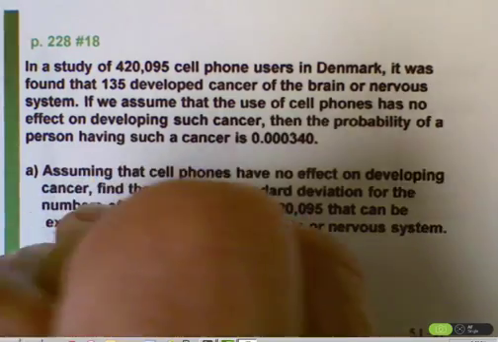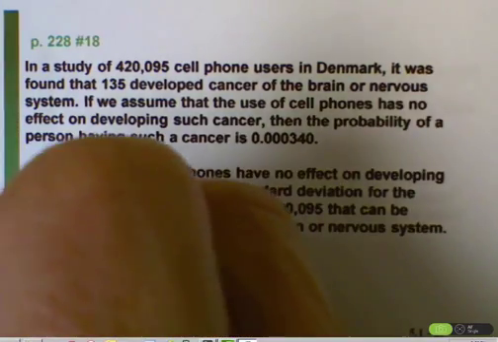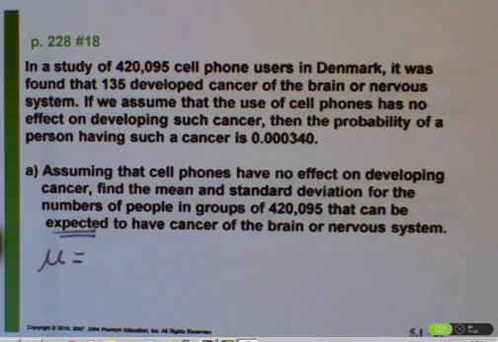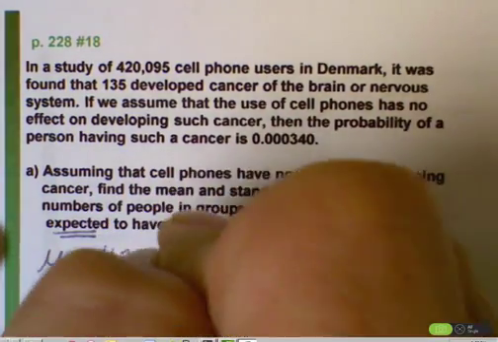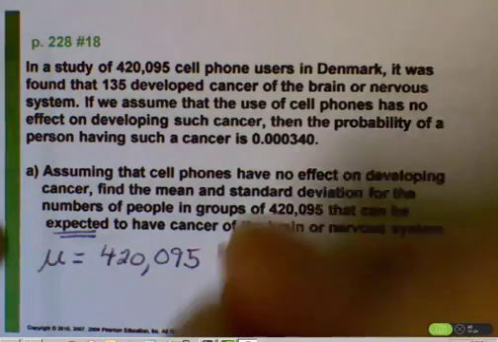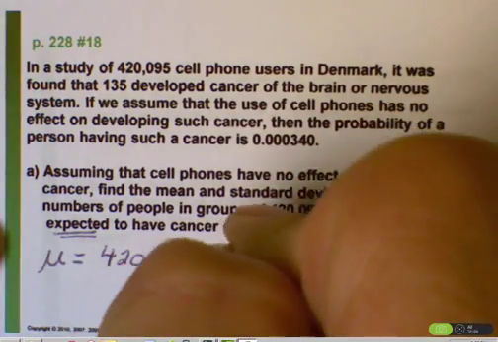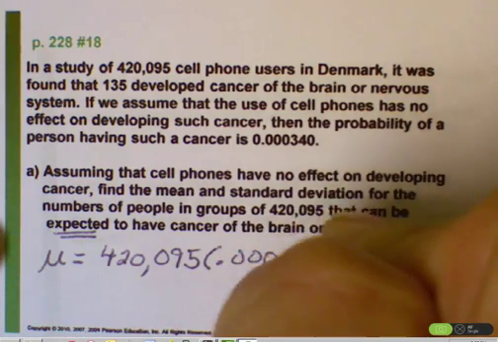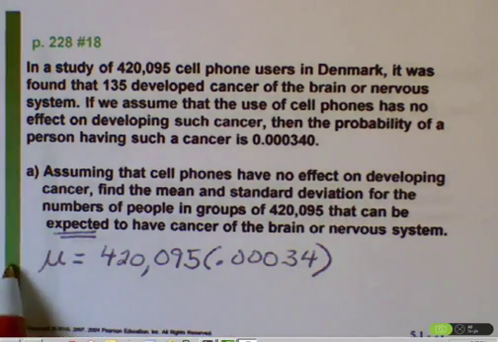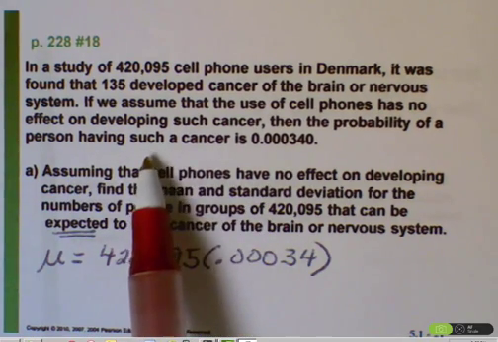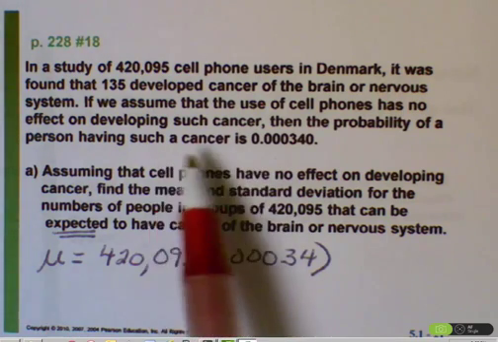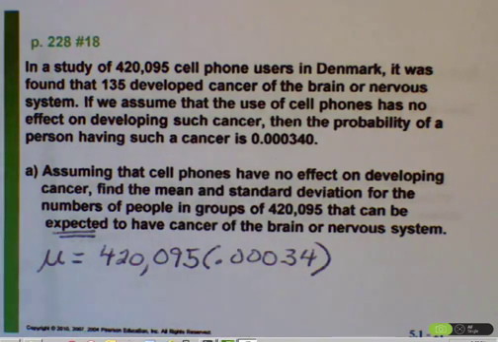Well, expected value again means mean, and the mean is the trial size or sample size times the probability of success. Since we're studying the number of people who develop cancer, developing cancer actually in this situation is success. And the probability of success is 0.00034.